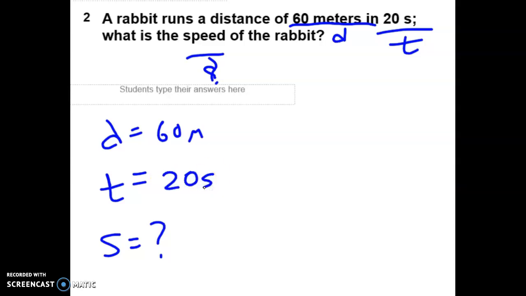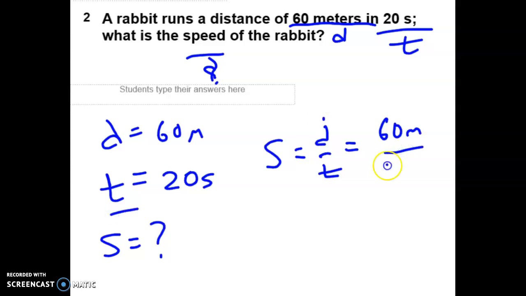Then the next step is I write my equation. Speed equals distance over time. Now I'm going to do the work and show my work. It's going to be 60 meters, the distance, divided by the time, which is given as 20 seconds.